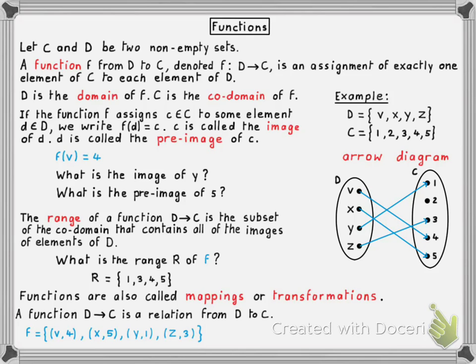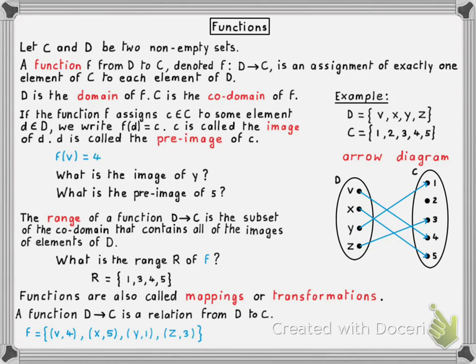And if there were no pairs for that element, then there would be no element associated to that V. So just keep in mind that a function is a special kind of set, and more specifically, a special kind of relation.